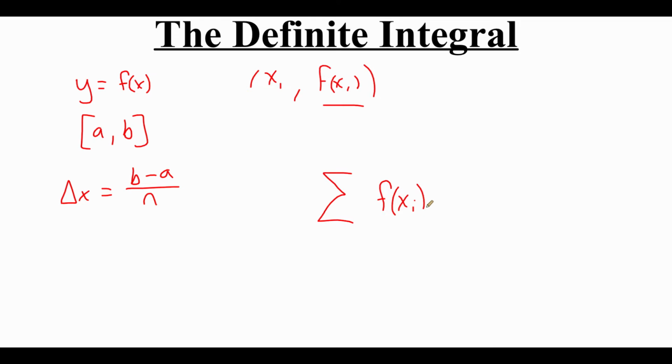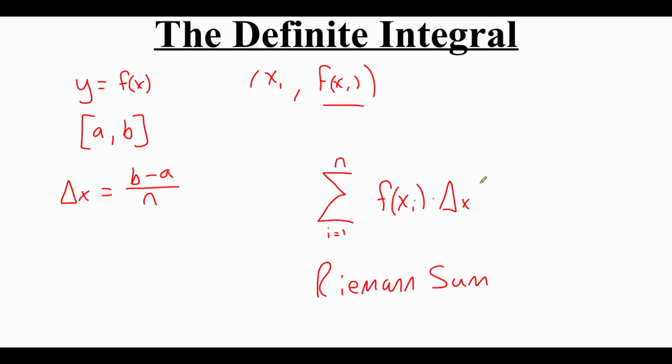This represents the height of our rectangle, and we're multiplying that by the base of our rectangle, which we said we were going to call delta x. We start with i equals 1 underneath this sigma, and we go out to n number of intervals. This is what's called a Riemann sum.